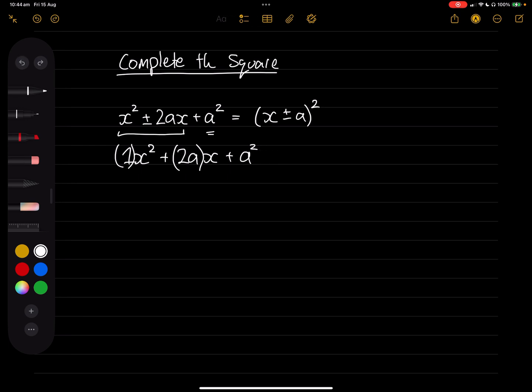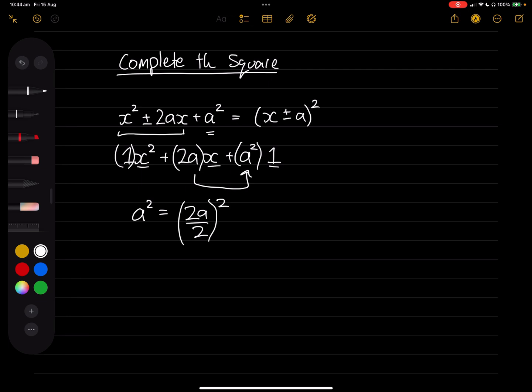My bracket's in the right spot. A squared times 1. So you've got an x squared term, an x term, a 1 term. These are the three coefficients. This third coefficient, the a squared, is actually equal to the second coefficient, 2a, divided by 2, and then squared.